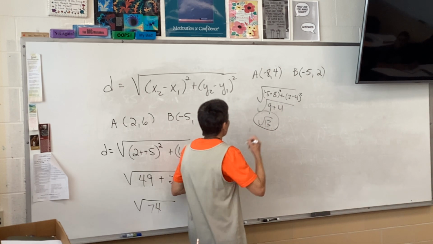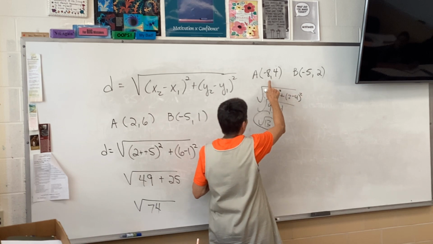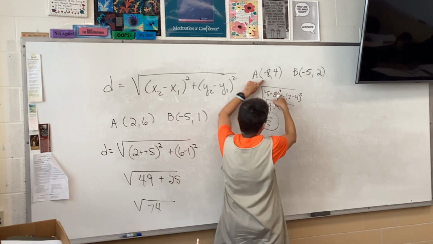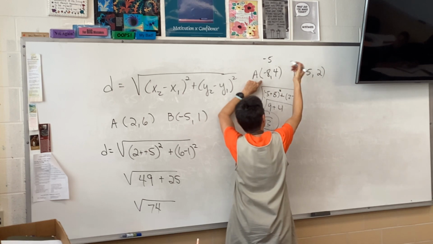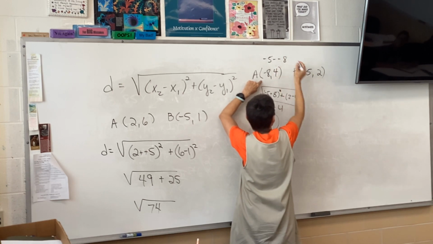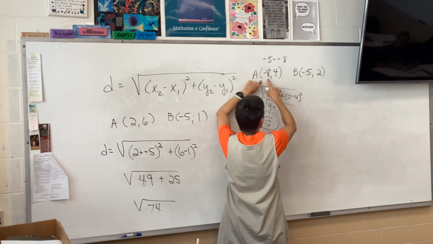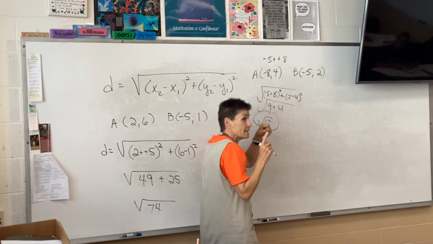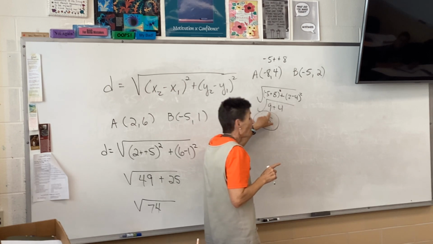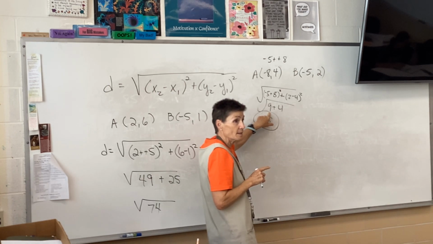Let's see. They did -5 minus -8. Now, they did that correctly. Do not mess up on your little kid arithmetic here, guys. -5 minus -8, that becomes a plus, that becomes a 3. And then when you square it, you get a 9.